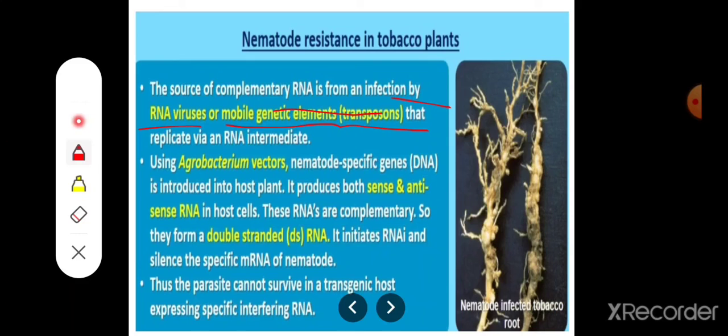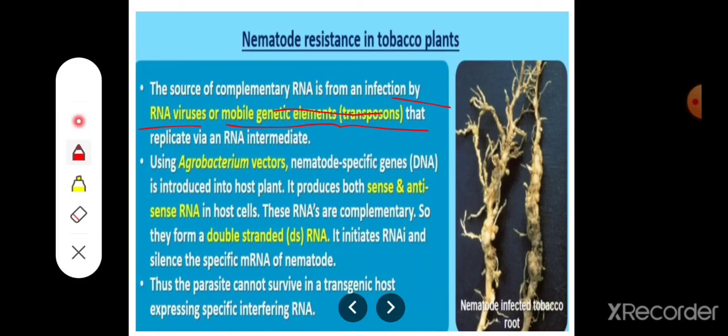These RNAs are complementary and they form a double-stranded RNA. This initiates RNA interference and silences the specific mRNA of the nematode. So when this small interference RNA enters the nematode's body, what is it doing? It is silencing the mRNA, and so the parasite is not able to survive in the tobacco roots.